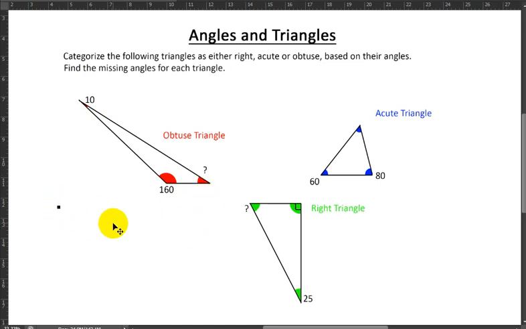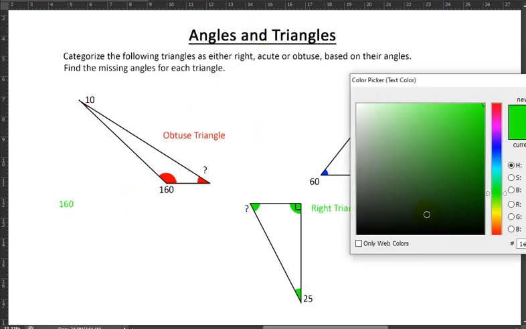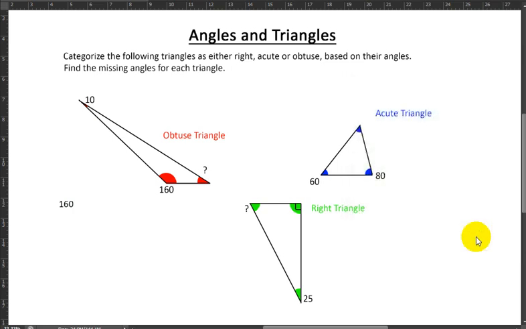So what do I know? I know that 160, I'm going to use black for this, I know that 160 and 10 and whatever this third angle is, together they need to make 180 degrees. Well, 160 and 10 make 170. And this other part, together they need to make 180.